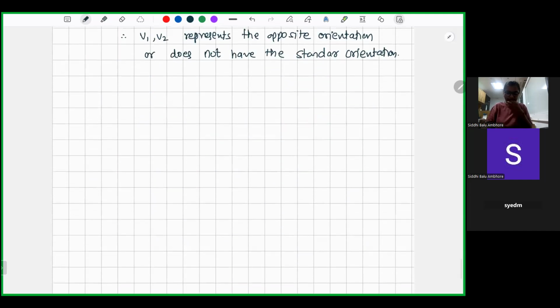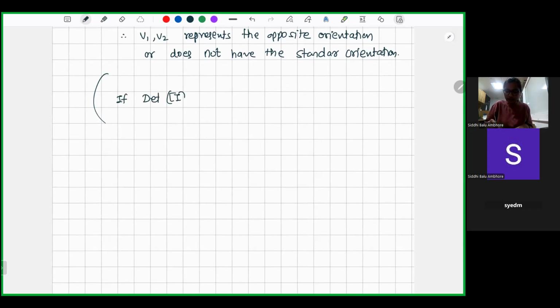So what I'm saying in general, let me just write it: the determinant of I from B to B dash, and I from B dash to B is its inverse. You can check this.